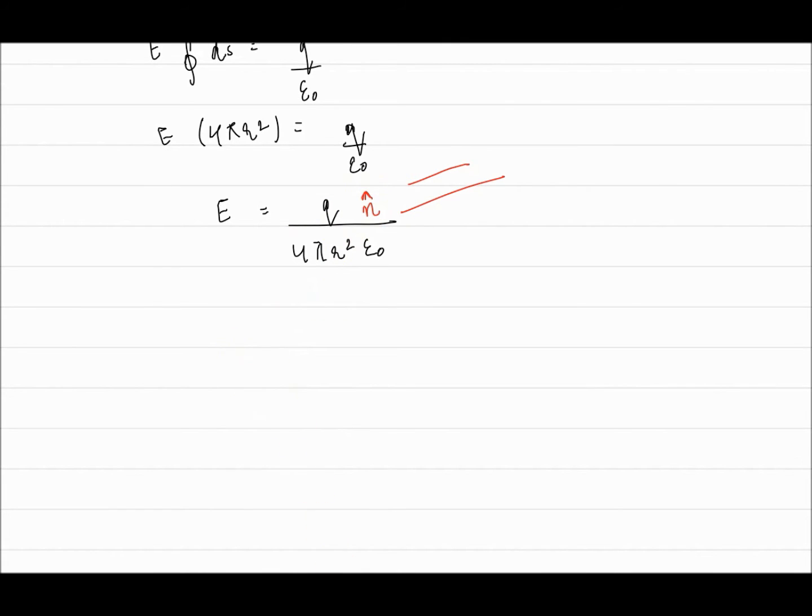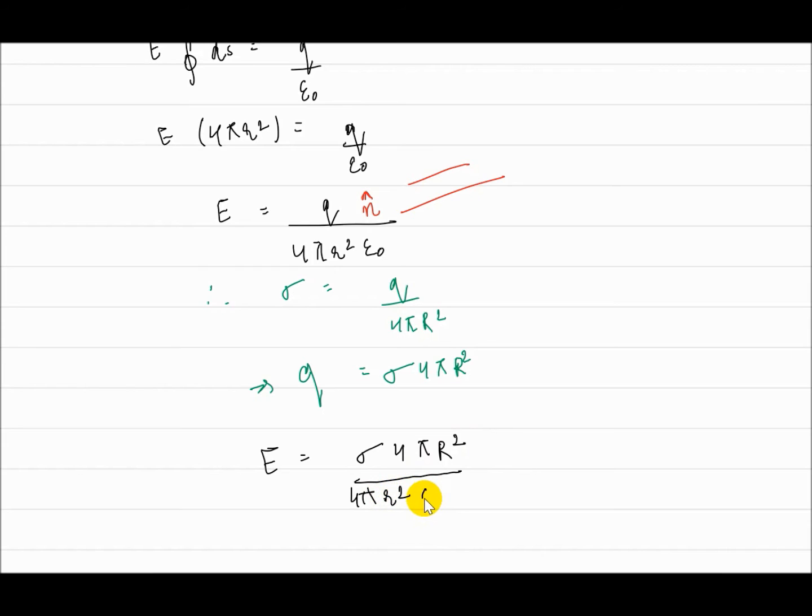We know the surface charge density sigma is equals to q by 4 pi R square for the hollow sphere. So q is equals to sigma 4 pi R square, capital R being the radius of the hollow sphere. So we can write E is equals to sigma 4 pi R square upon 4 pi r square epsilon naught.